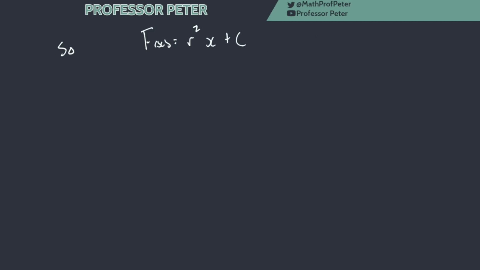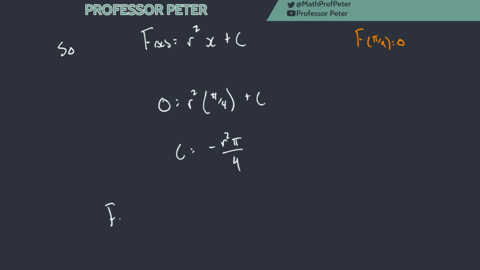We can still use this same initial value. So we can still say, all right, 0 is equal to r squared times pi over 4 plus c. So now c equals negative r squared pi over 4. And so that means your function is really r squared times x minus pi over 4.